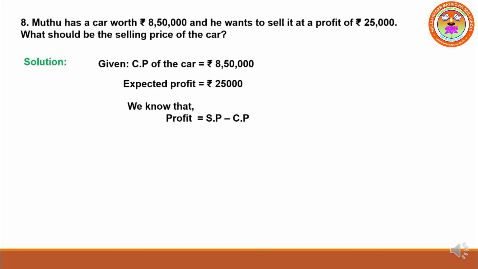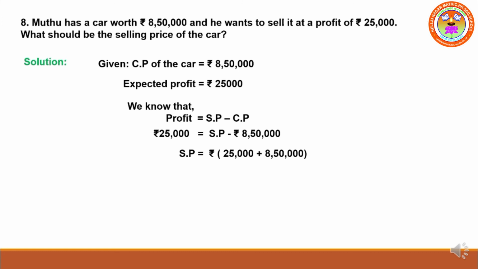Yes, using these two we are going to find what is the selling price of the car. Yes, so profit is given as 25,000, that is equal to SP, we don't know the value. So we are going to retain the value SP as SP itself minus what is CP? 8,50,000.